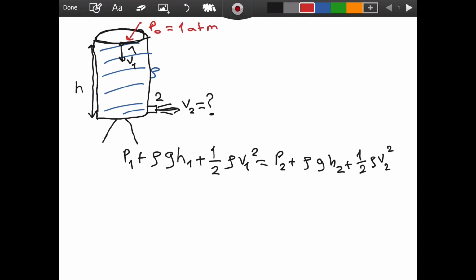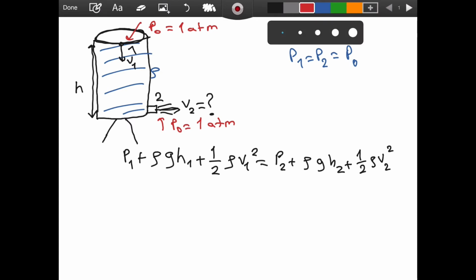And the same thing is correct for the second position. It is also open to the atmosphere, so we have the same pressure of 1 atm at our second position as well. Which means P1 is equal to P2, and these are both equal to P naught, the atmospheric pressure. So we can make this substitution.